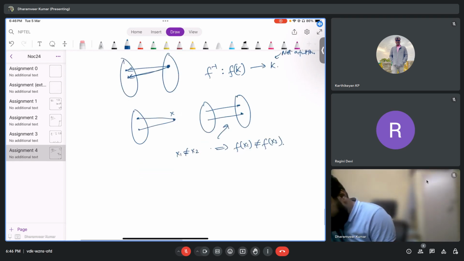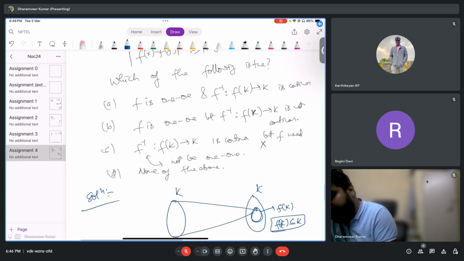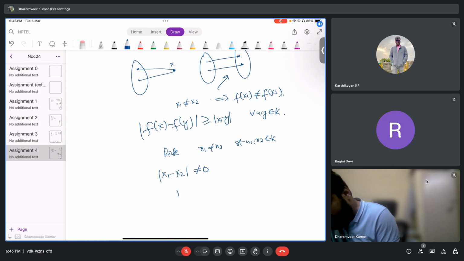So we have this |f(x) - f(y)| condition. Pick x1 not equal to x2 such that x1, x2 are in K, because the domain of f is K only. What does this imply? That |x1 - x2| is not equal to 0. Then it's a mod, so it will be positive. Substitute that in here.